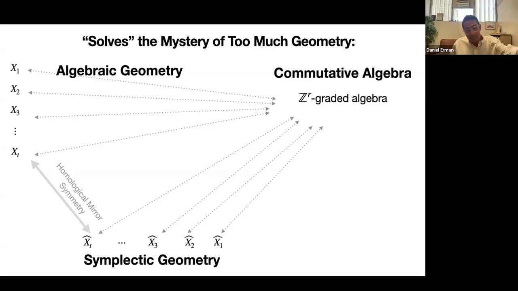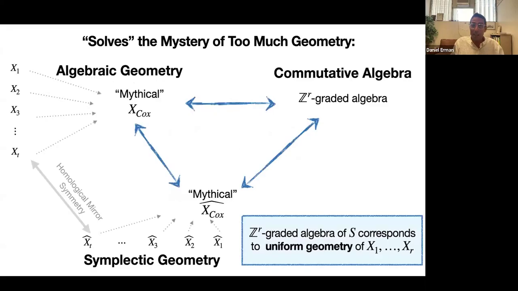And then it came up briefly, but homological mirror symmetry takes toric varieties to mirrors, these objects in symplectic geometry. And so there's this giant set of geometric objects all corresponding to a single Cox ring. And if you're wondering, how do I build a dictionary between toric geometry and the Cox ring, it's kind of which xi should you look for to motivate your theorems about Z to the r? I think we now have a good answer.